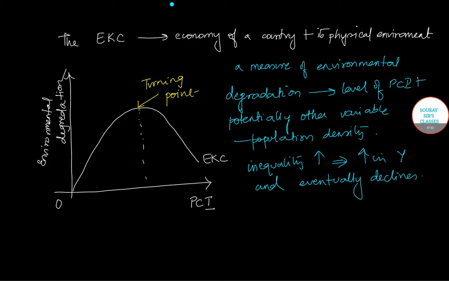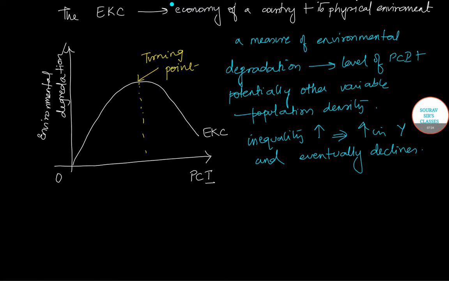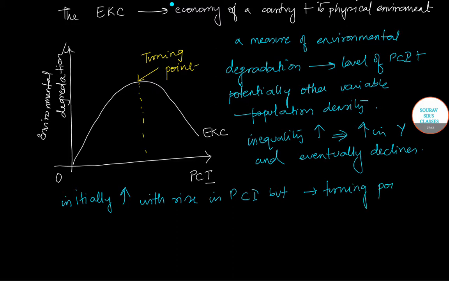Similarly, there is some evidence that environmental degradation initially increases with the rise in per capita income, but reaches its turning point, as marked in the graph in yellow, and then declines, as you can see. Very well illustrated in the diagram.